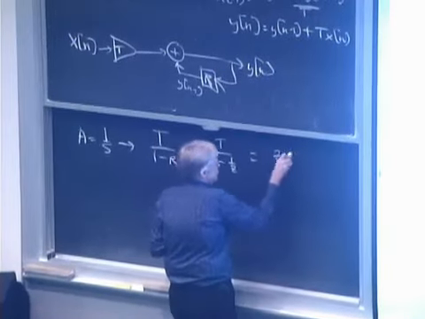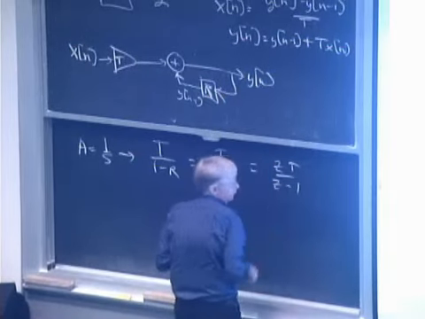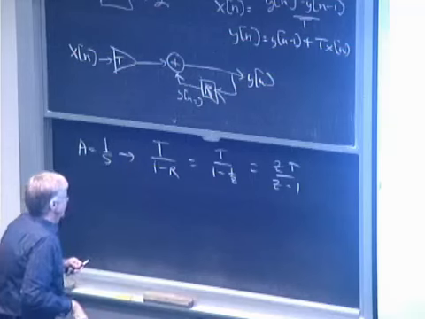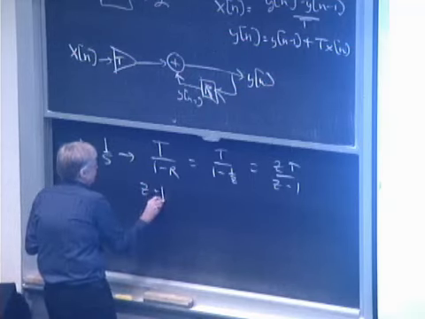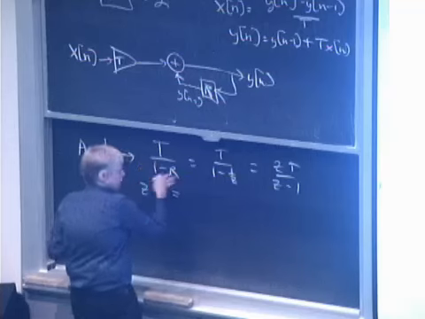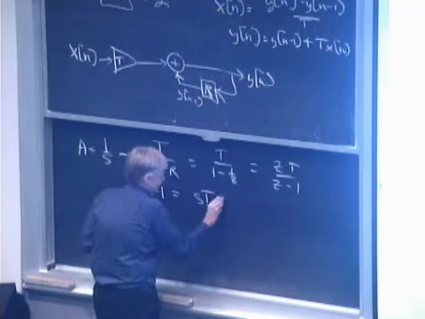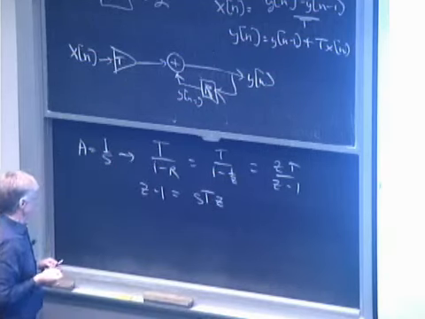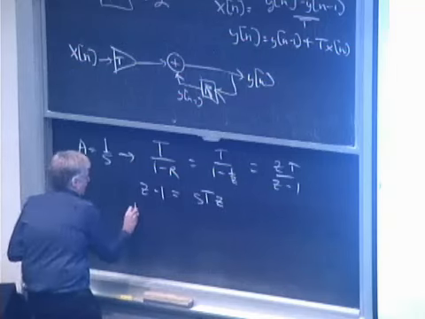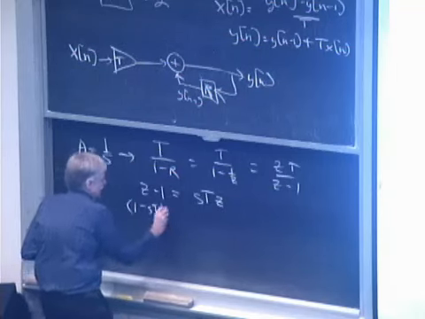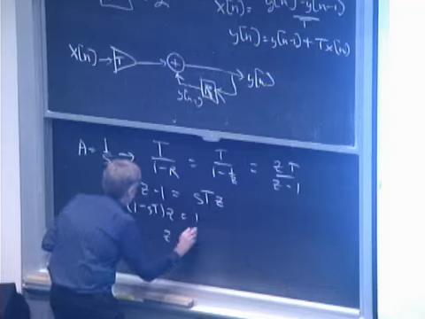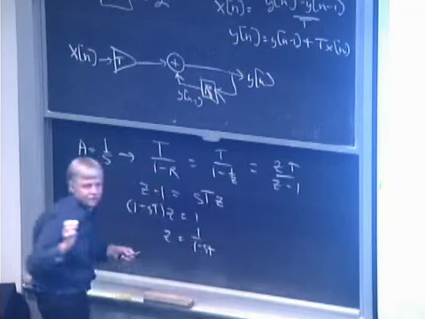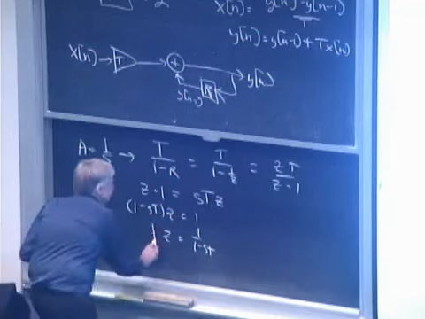So that's zt over z minus 1. So that means that z minus 1 now is stz. Cross multiplying, 1 minus st on z is 1, so z is 1 over 1 minus st. I got something that looks completely different.